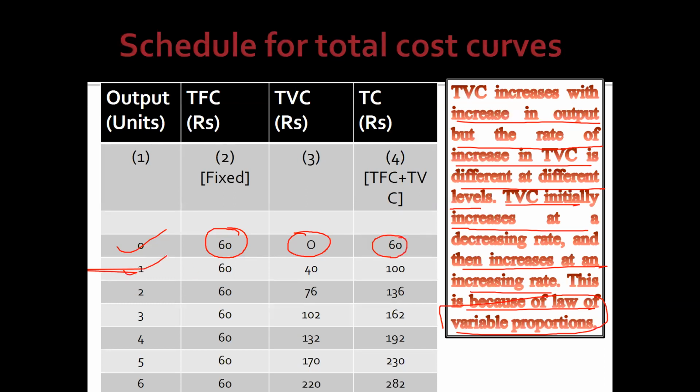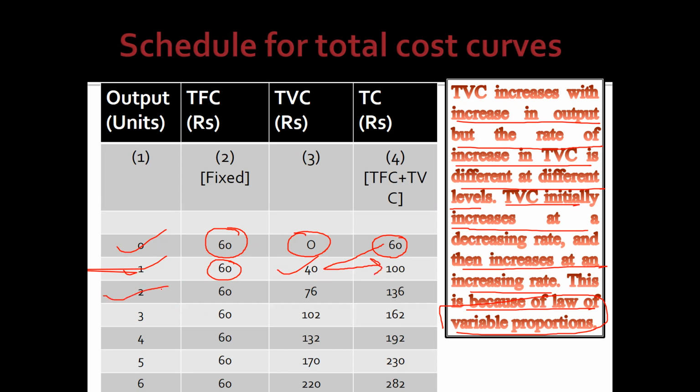But when we are producing 1 unit, the fixed cost would be the same, it will not vary, but the variable cost is whatever the 1 unit requires, here 40 rupees of expenditure. So total cost would be 60 plus 40, which becomes 100.